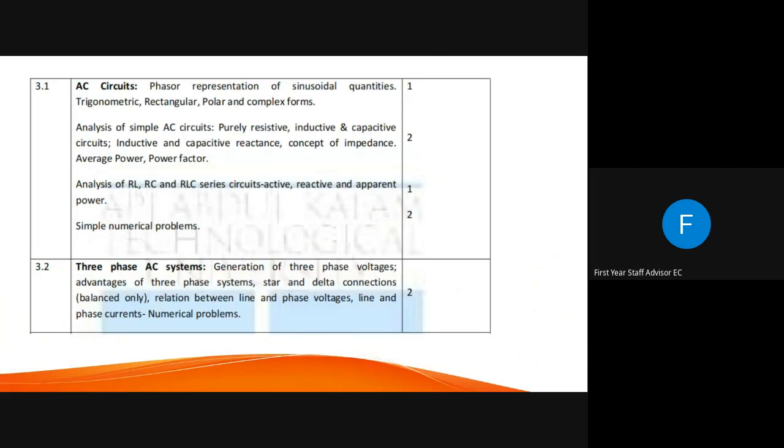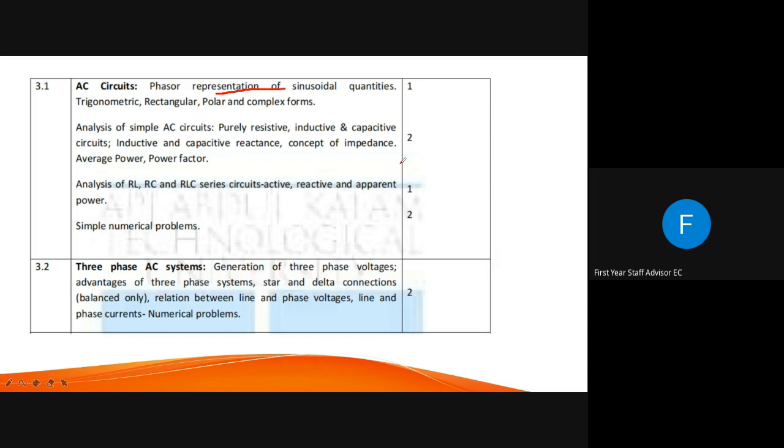Okay, so in this module, we have to learn about AC circuit, that is, phasor representation of sinusoidal quantity. We already got an introduction about what is an AC waveform, how to generate an AC waveform, and the important terminologies in an AC waveform, like period, cycle, peak value, RMS value, instantaneous value, what is form factor, what is peak factor.